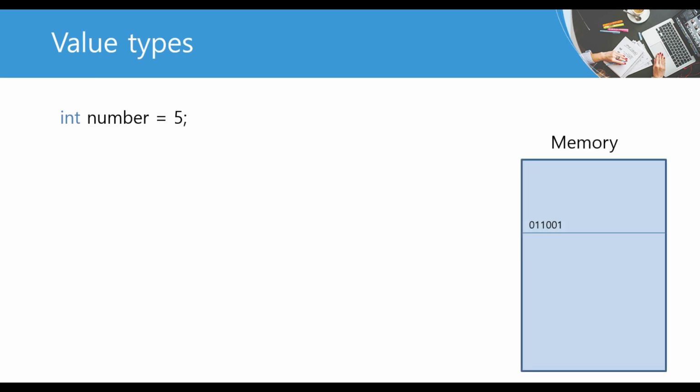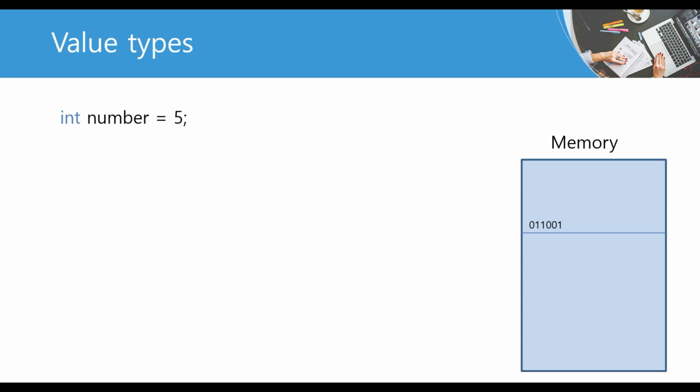Now let's create a new variable called number of type integer. Integer in C# and .NET is a struct, so it is a value type. We created number and assigned it the value 5. Previously, when we talked about reference types, we also talked about a different memory location and a certain memory address.